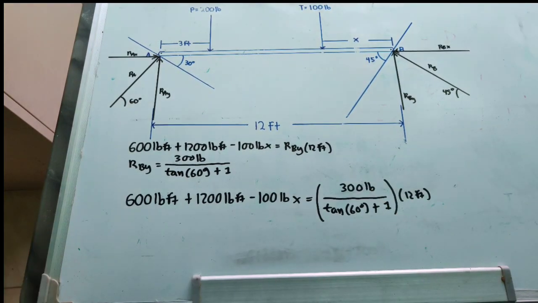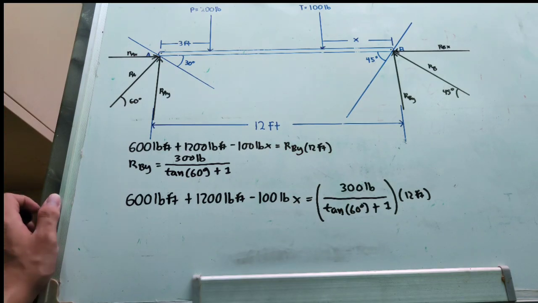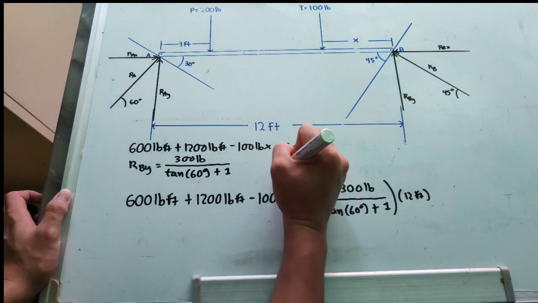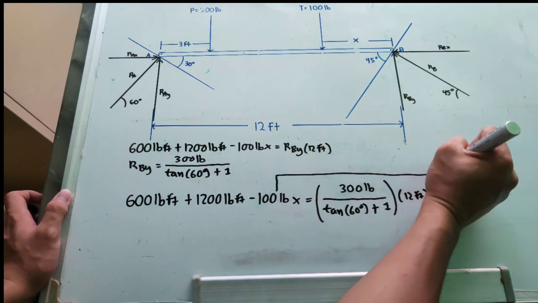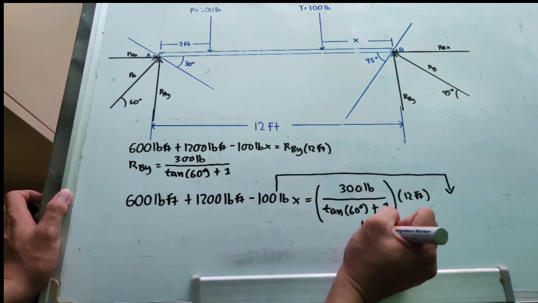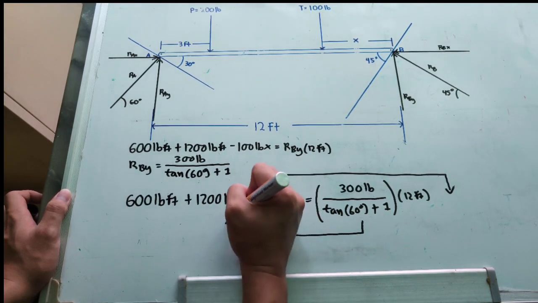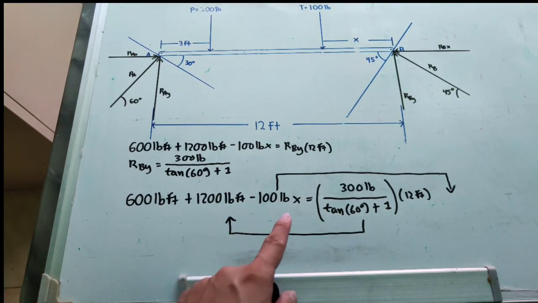Now isolating, we need to move this to the other side to make it positive, and this to the other side to make it negative, and isolate x by dividing both sides by 100.